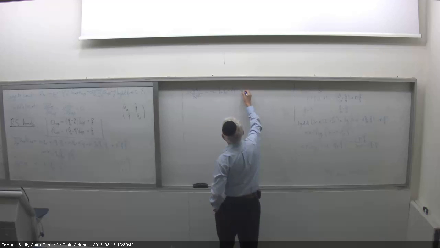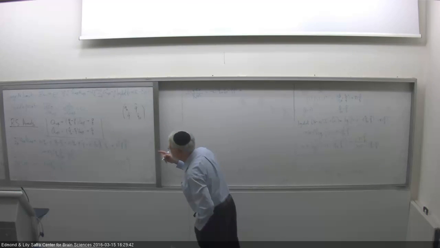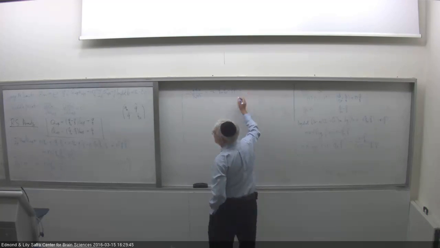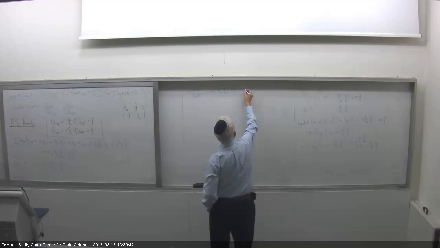Then I have plus j squared over 4, so there is a 2 here, so there is j squared over 2.